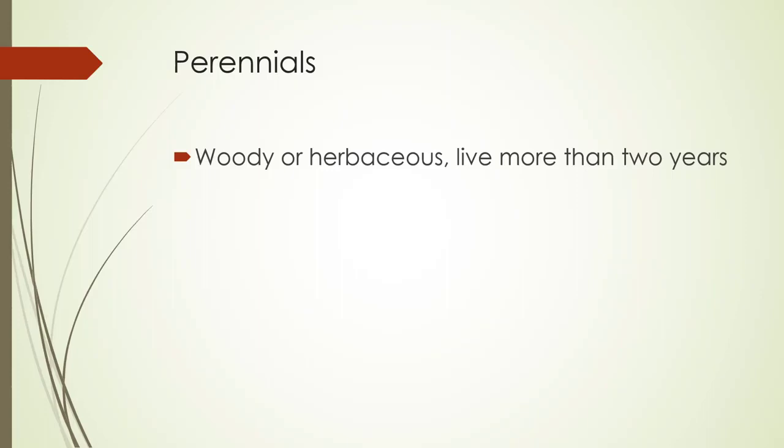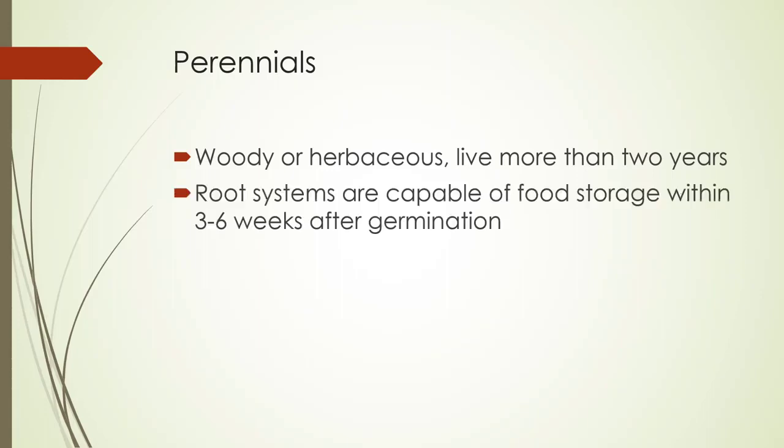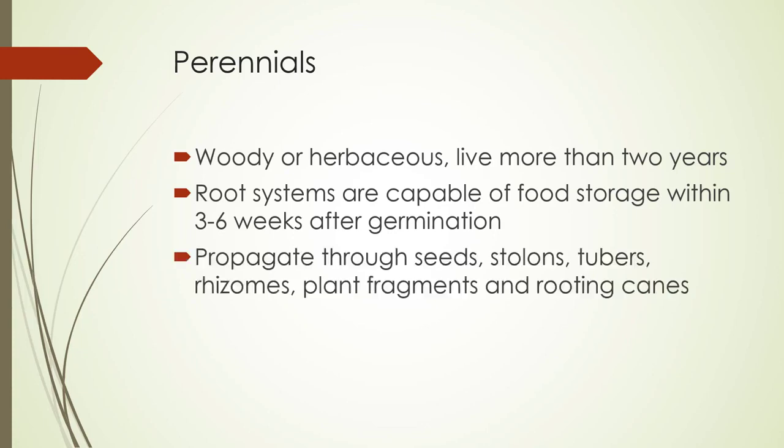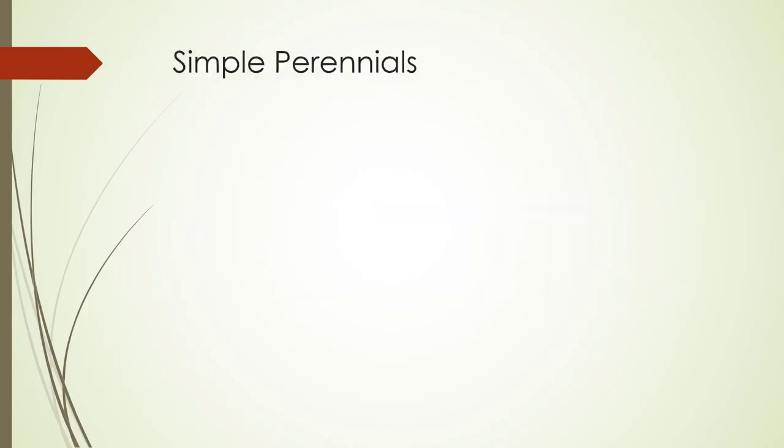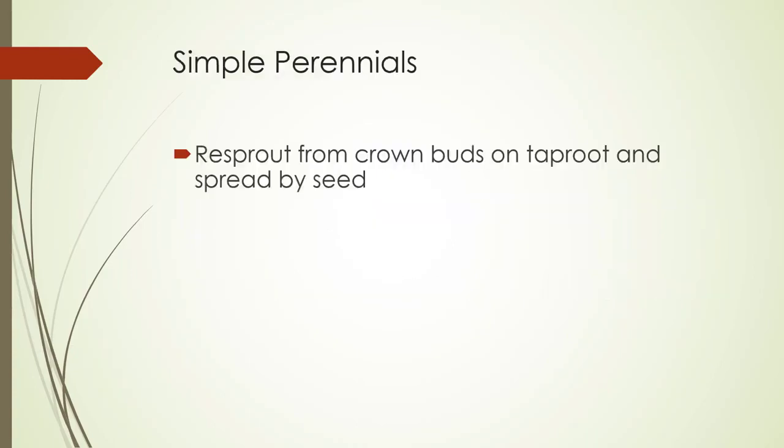So perennials can be woody or herbaceous. They live more than two years. Their root systems are capable of food storage within three to six weeks after germination. They propagate through seeds, stolons, tubers, rhizomes, plant fragments, and rooting canes. So simple perennials resprout from crown buds on a taproot and spread by seed. Roots are large and fleshy.